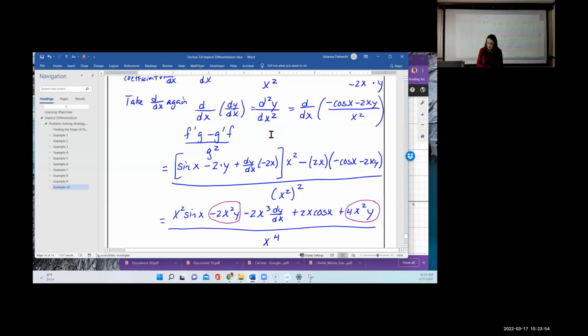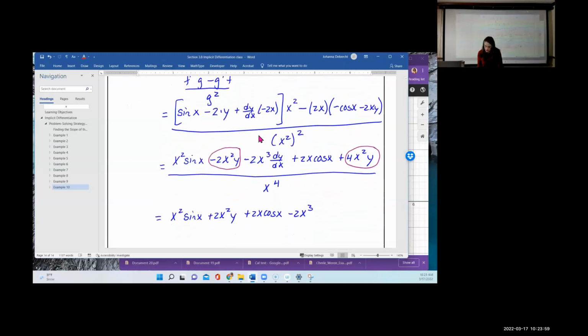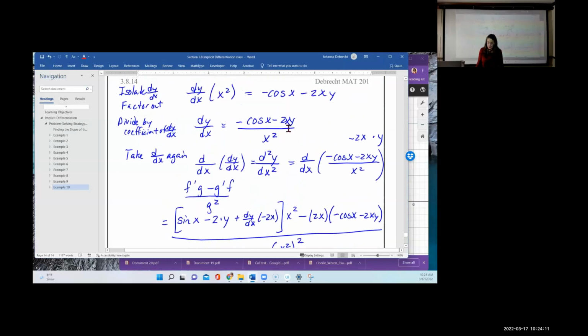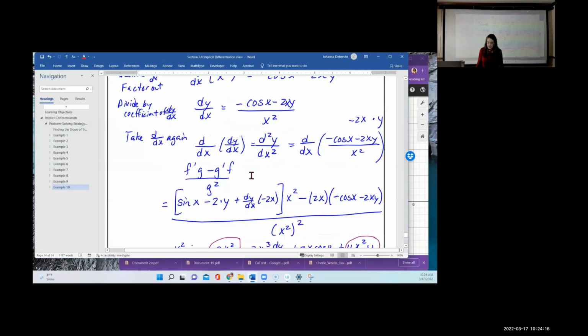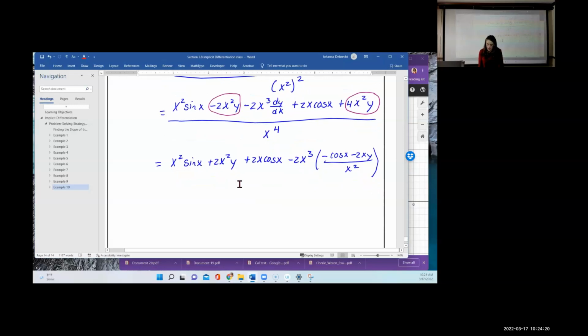It's minus cosine of x minus 2xy over x squared. So we substitute the expression that we got for dy dx in place of the dy dx in the second derivative. And all of this is being divided by x to the fourth.